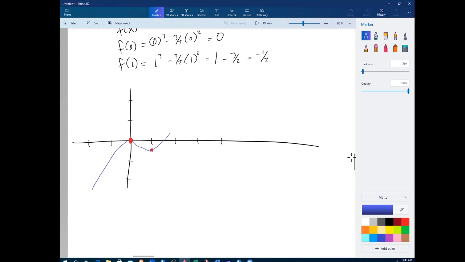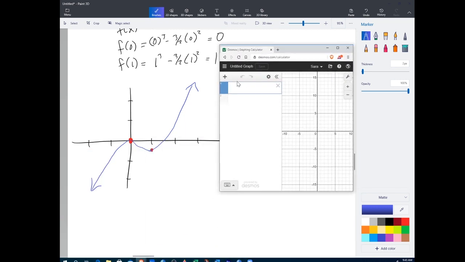And then I started increasing again. And now is the point where I'm going to check myself.